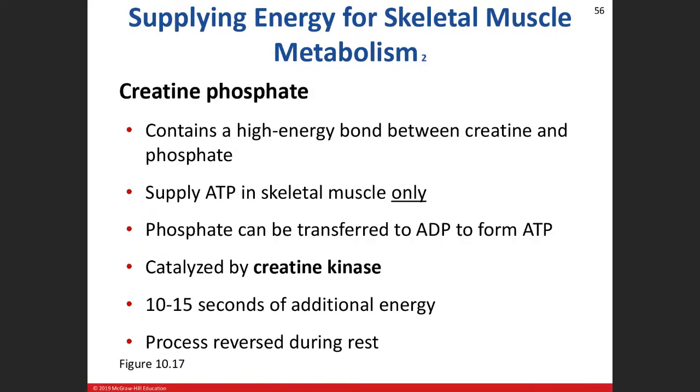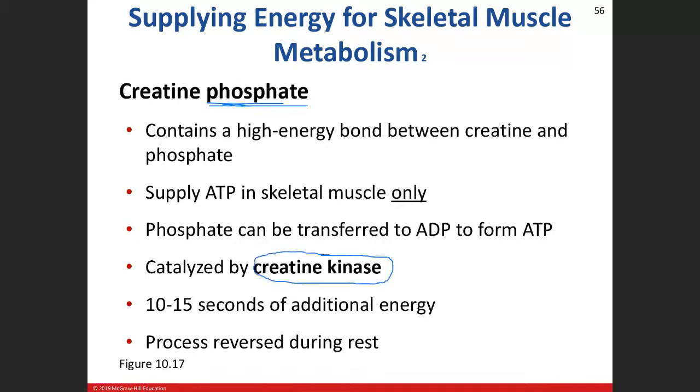No problem. We've got another process. If we need to rapidly make some ATP, it's only going to work for a short period of time, but we've got this creatine phosphate. Again, phosphate. We need phosphate to make ATP. So what happens here is we've got this enzyme called creatine kinase.